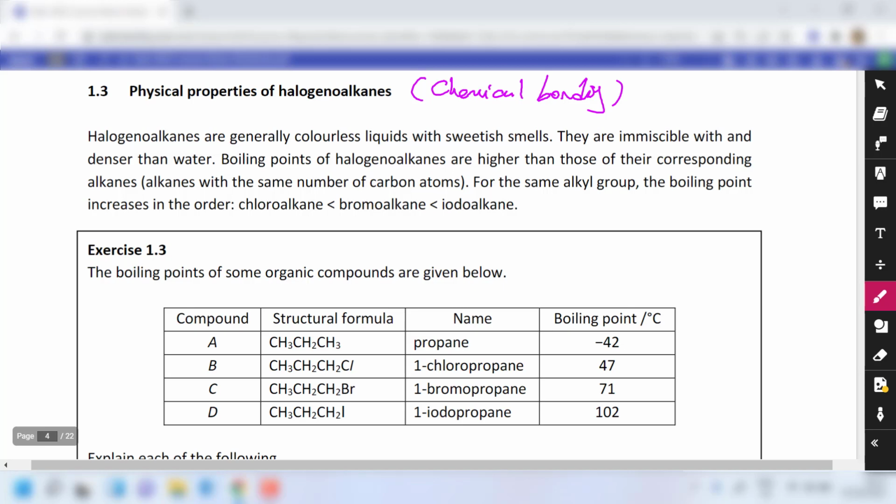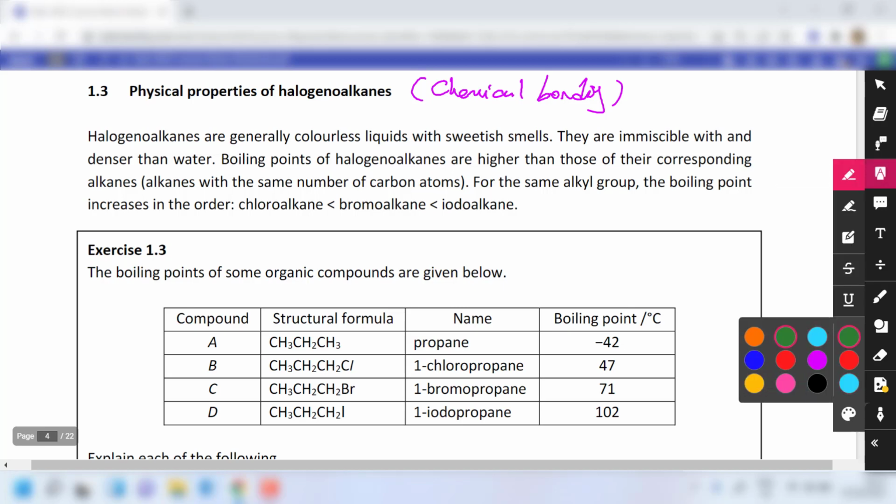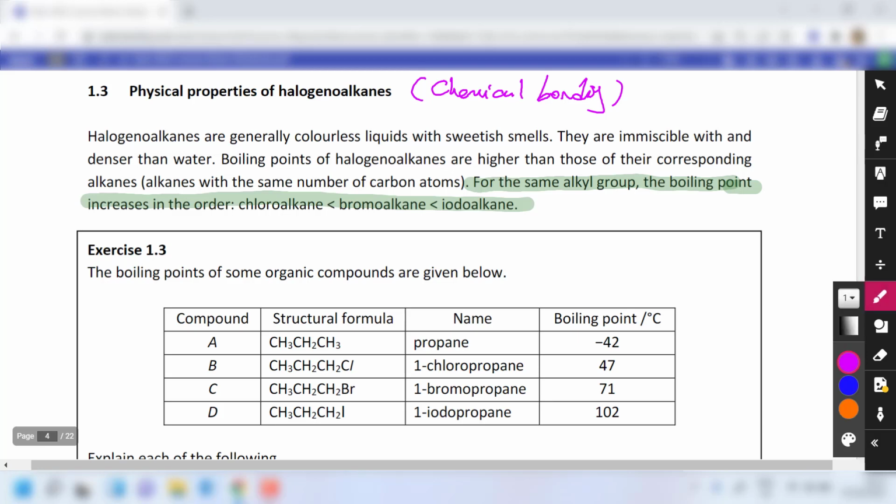This last statement, you might want to take note of. For the same alkyl group, boiling point increases in the following order. It might not be very intuitive, because in your mind, the C-Cl bond has a greater polarity difference as compared to C-Br, and in turn as compared to C-I. Then why is it that the boiling point of iodoalkane is the highest? In this case, permanent dipole interaction takes a back seat.